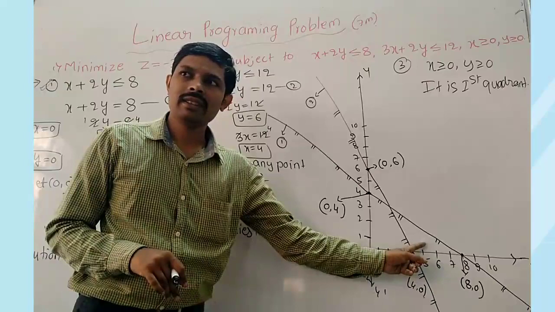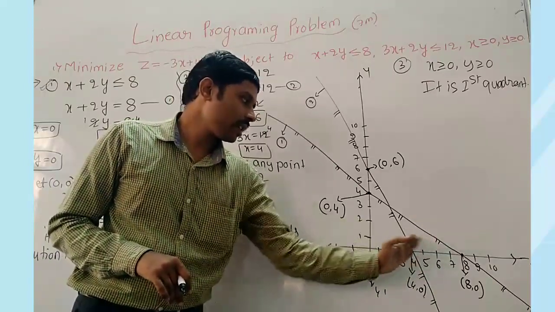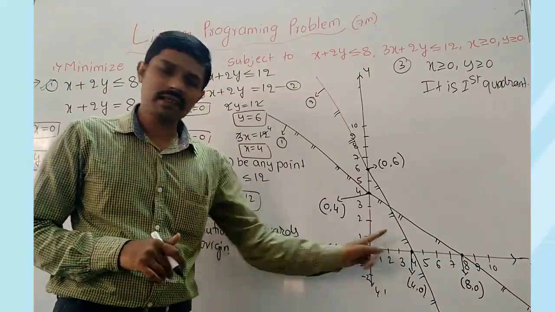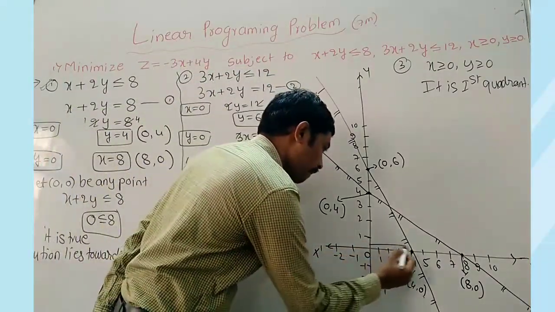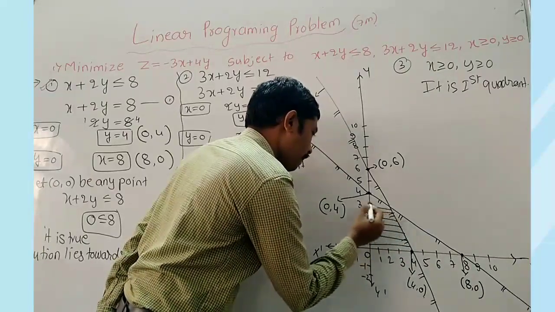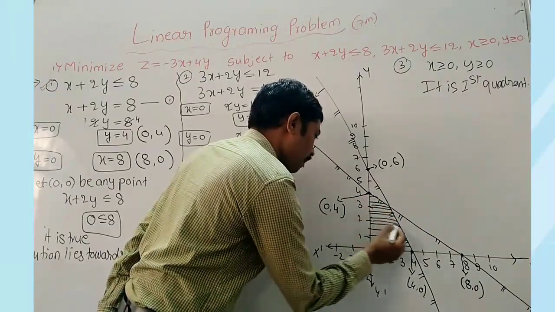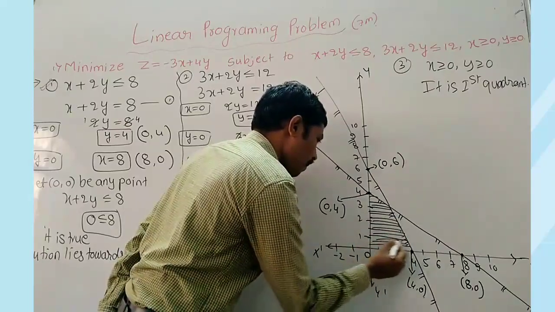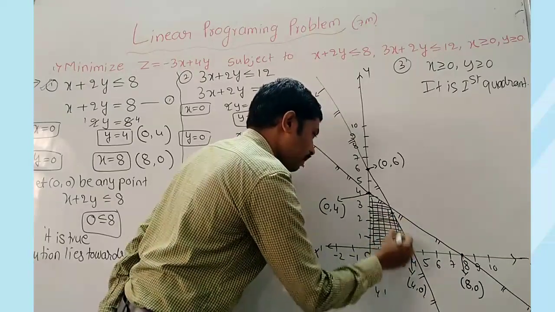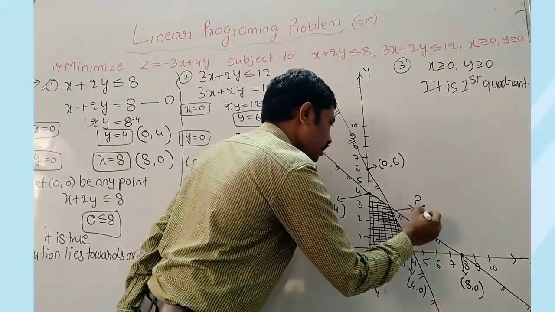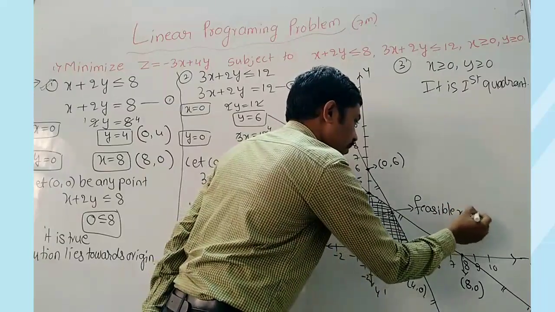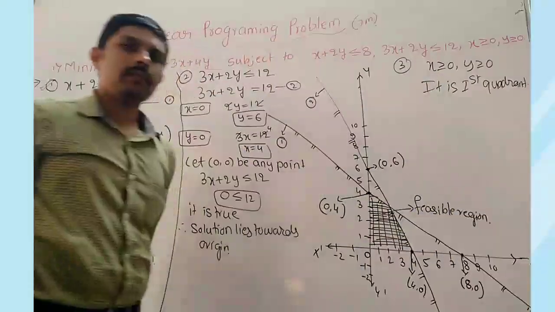Only this one is satisfying the conditions. The second one is not satisfying. Then this one, yes. So this is our feasible region. Feasible region. Okay.